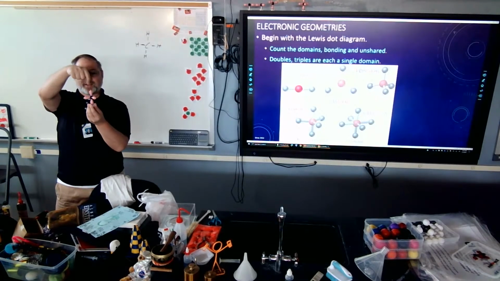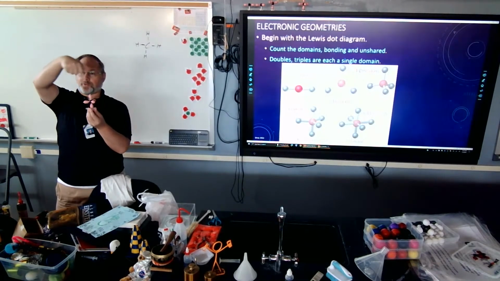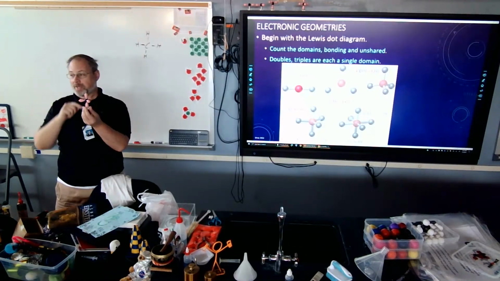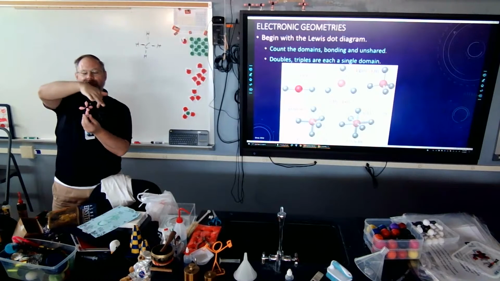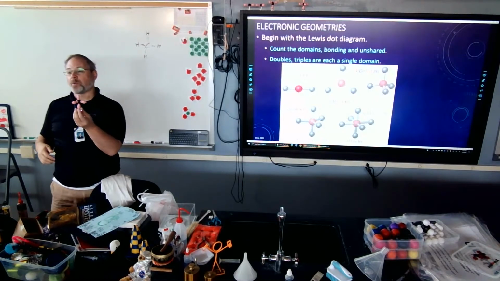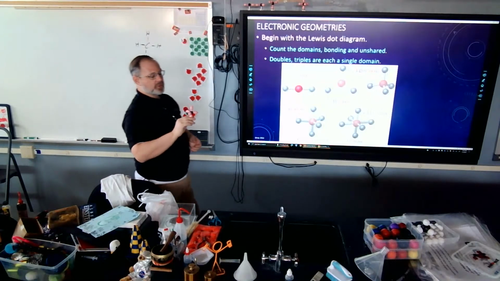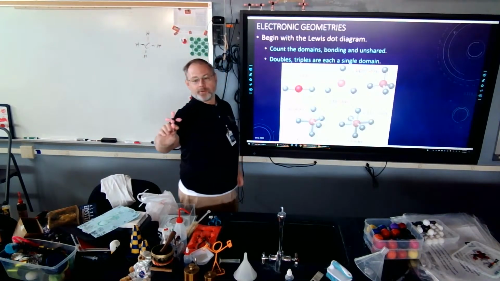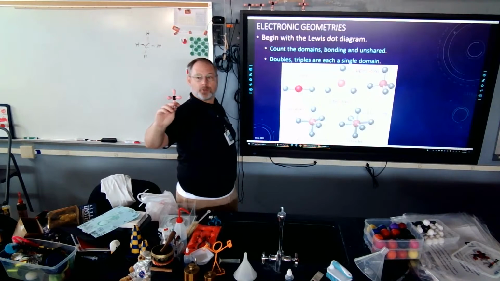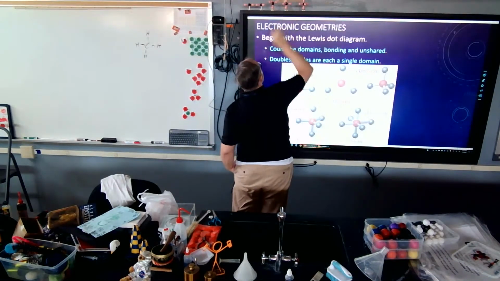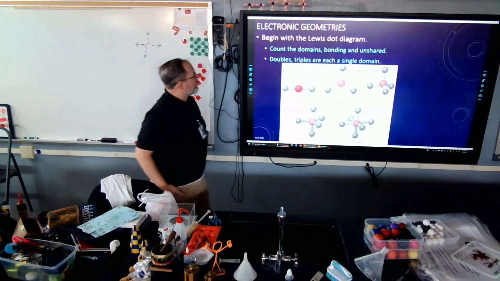Top and bottom, exactly. Like there's an axis that runs through the Earth, so it spins around. So the top and the bottom are the axial domains, and the ones that go around the outside are the equatorial domains. So in a trigonal bipyramidal configuration, you've got 3 equatorial domains and 2 axial domains. All right. Those are our 5 fundamental geometries.